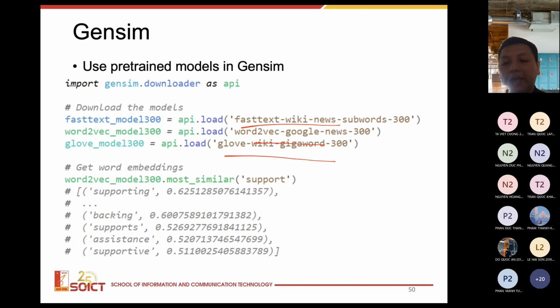You can study the documentation I sent to you in the chat window.